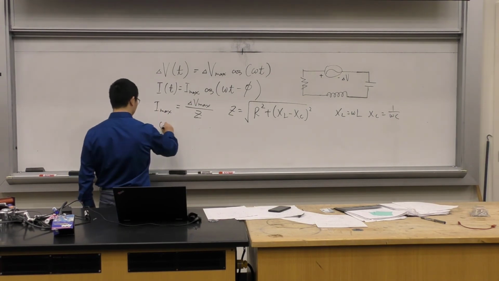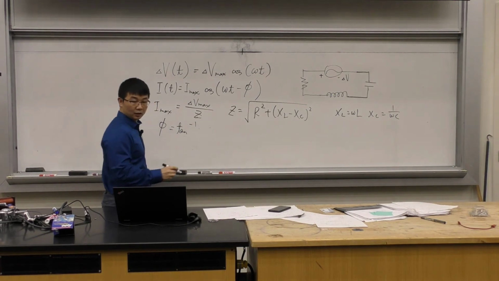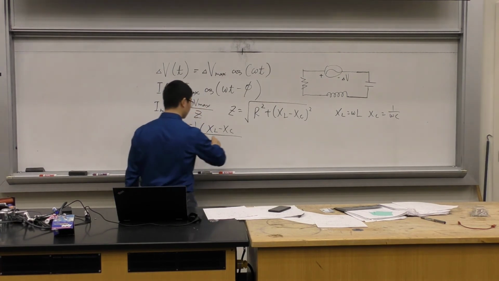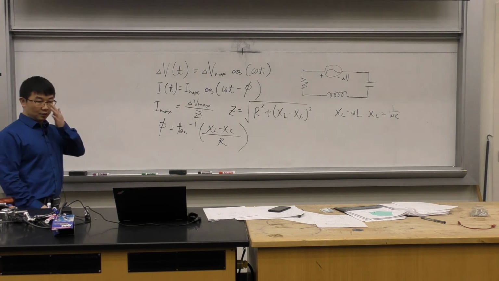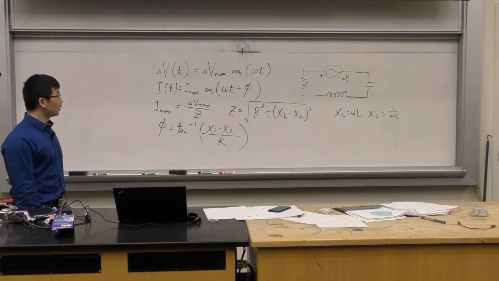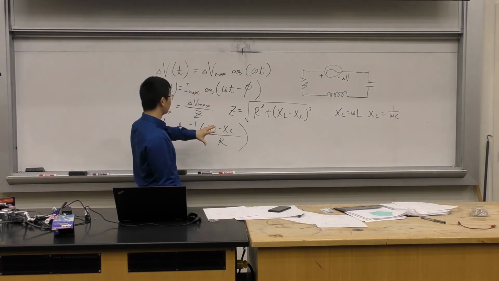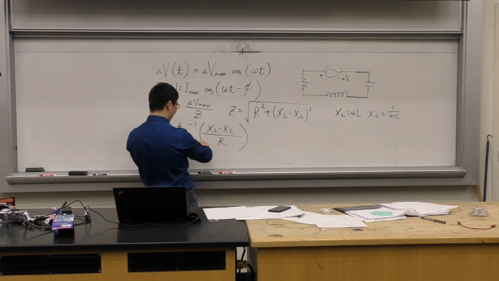Now, what is the phi angle? Phi is called the phase angle. It's the tangent inverse of this value. When you solve this equation, you get Vmax divided by this, cosine omega t minus this.